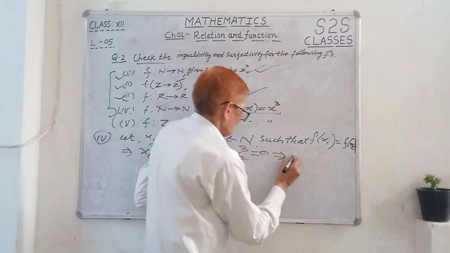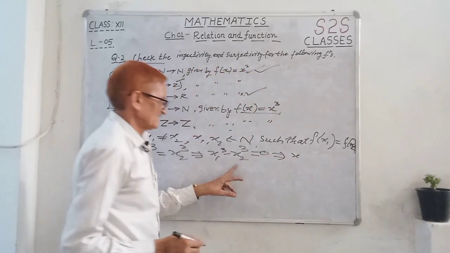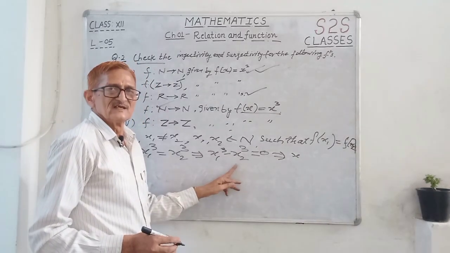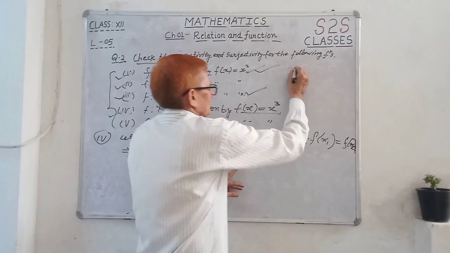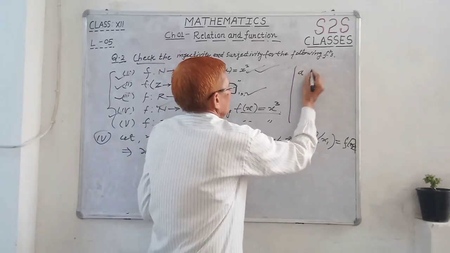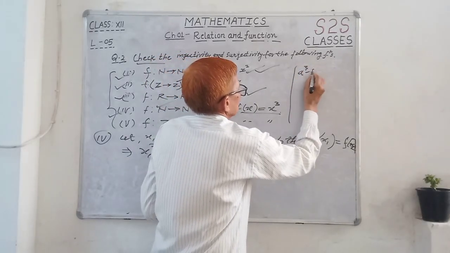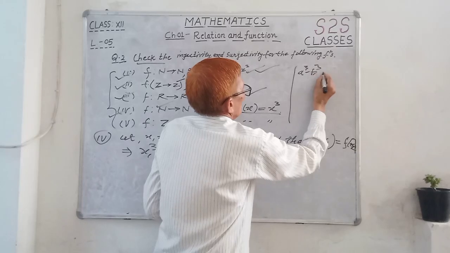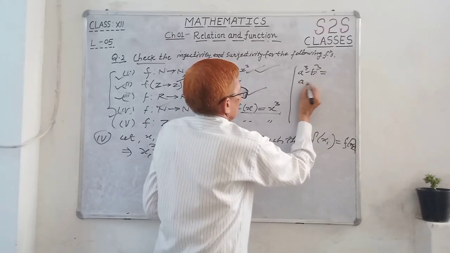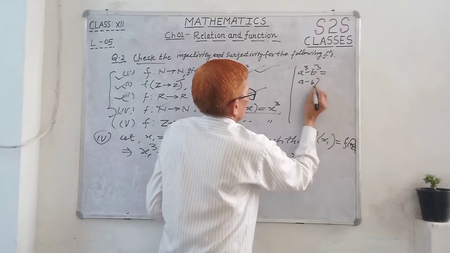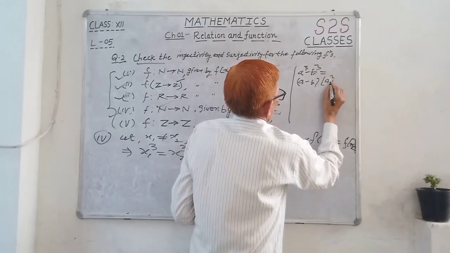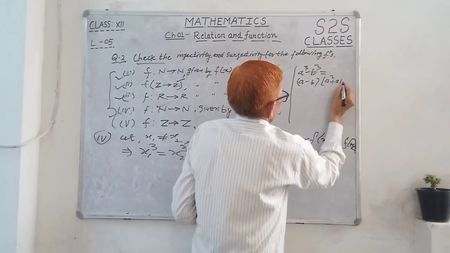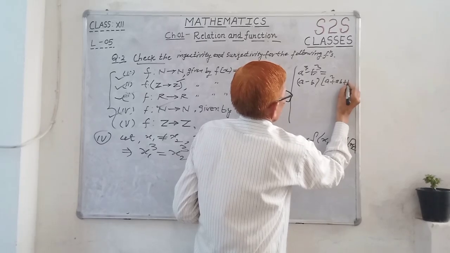This implies a cube minus b cube factors. A cube minus b cube factors, a minus b into a square plus ab plus b square.